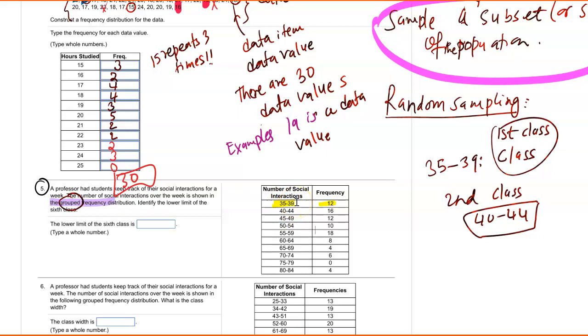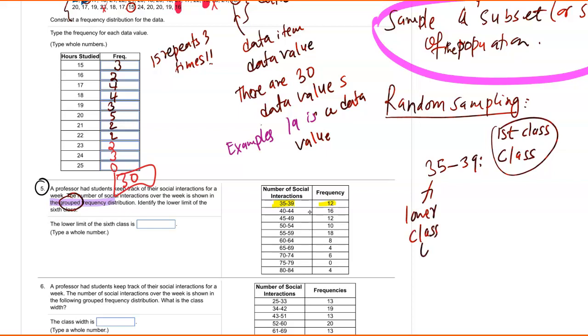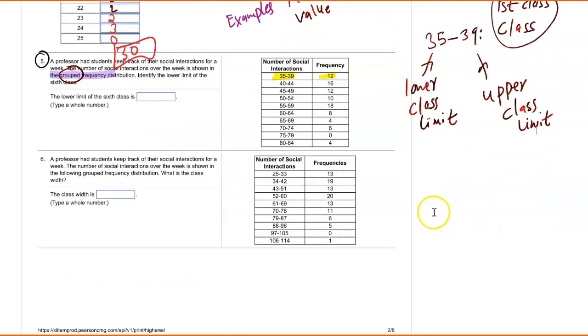Okay, and in this class, first class, this is the lower class limit. And this is the upper class limit of the first class. Okay.